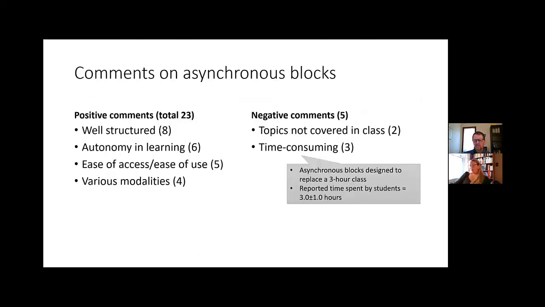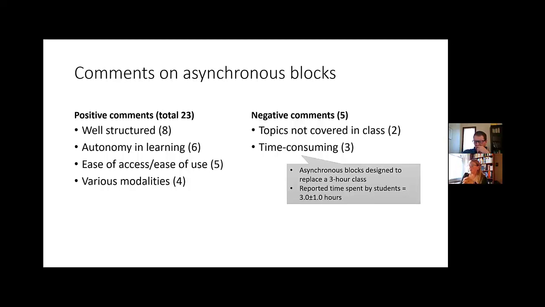Their comments, the students' comments, were that the asynchronous blocks were well structured. That gave them a form of autonomy in their learning. They were easy to access and easy to use, and they have various modalities, so videos and exercises and pen and paper problems.